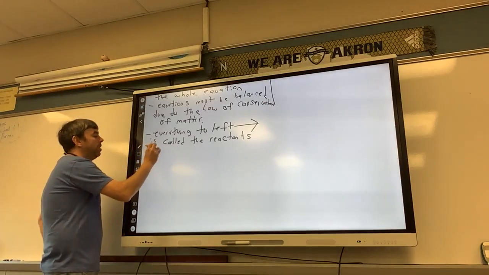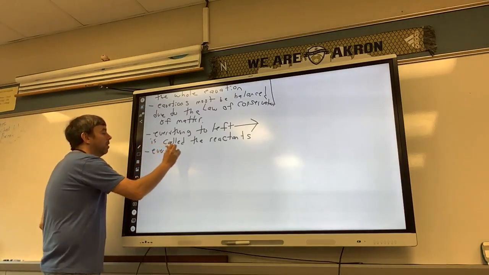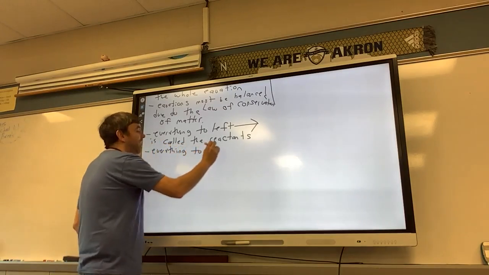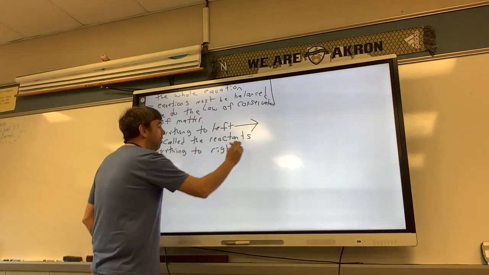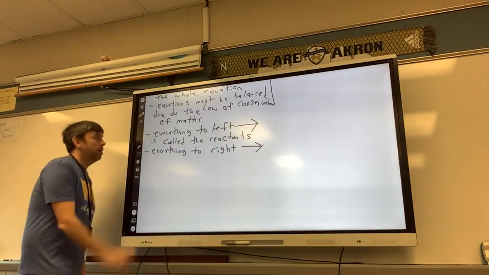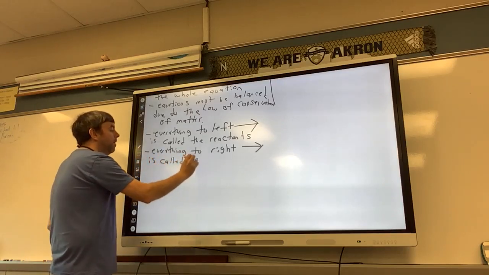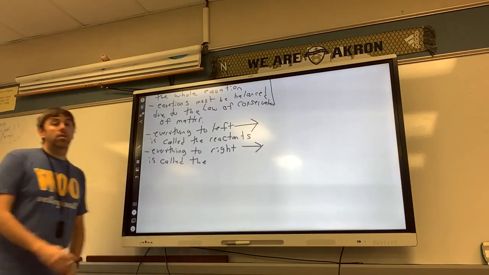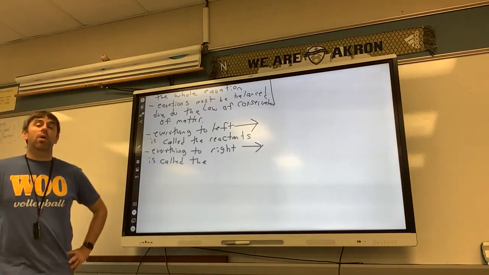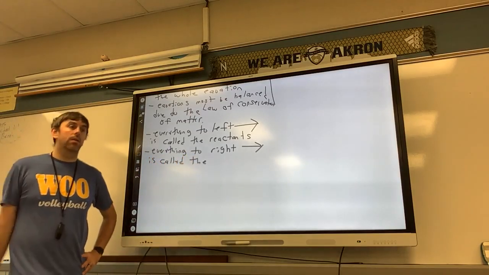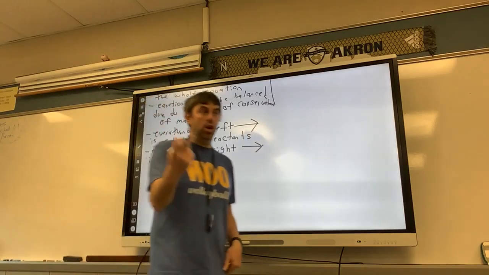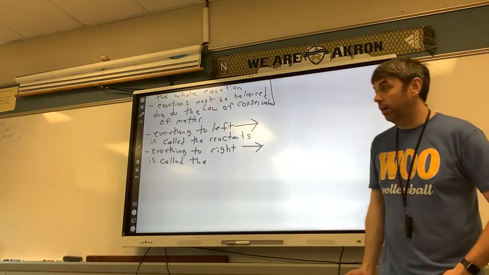And everything to the right of the arrow, anyone know what those are called? So I'm baking a cake, right? What are my reactants when I'm baking a cake? Flour, sugar, eggs, butter.